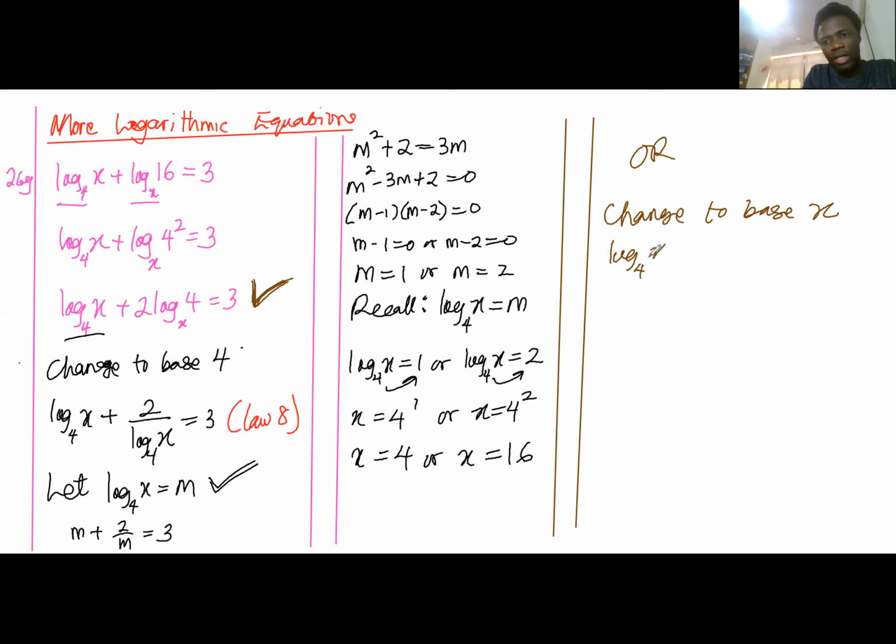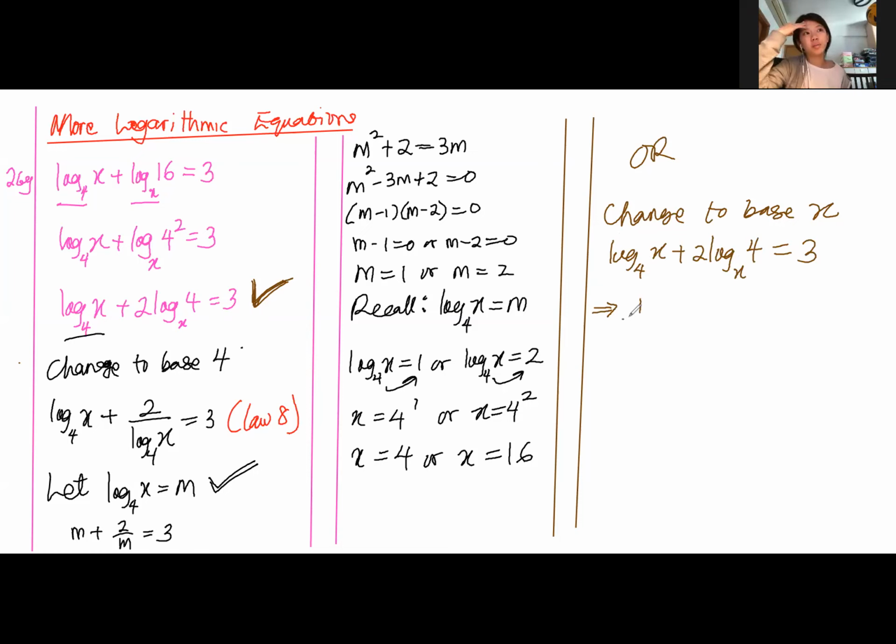Log 4x, this is what we had before. So if I change to base x, what do I get? One over log base x 4.